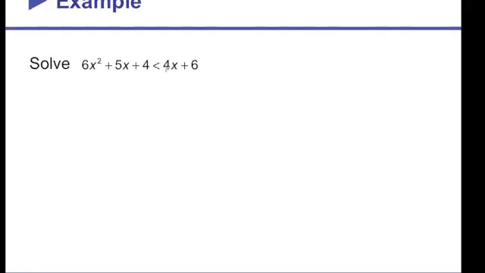This one, first we have to do the rule of getting one side equal to 0. So I'm going to move these two. I will have 6x squared, subtract 4x, will be plus 5x, subtract 6, be negative 2, is less than 0. Now I'm going to solve the equation 6x squared + x - 2 = 0.